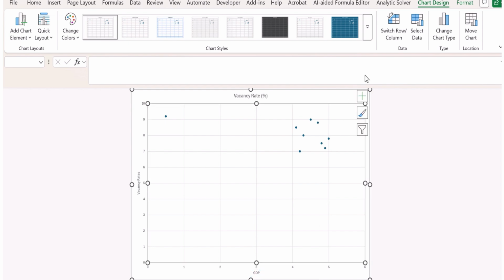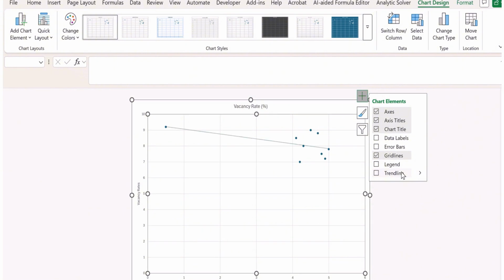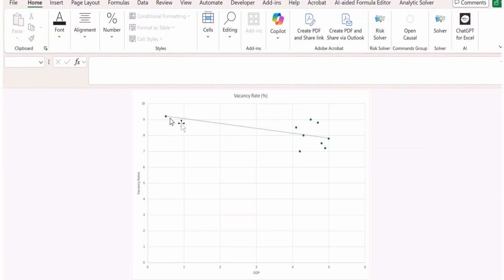And now we can add the trend line to show that the slope is negative because as the GDP increases, right, it goes from 1, 2, 3, 4, the vacancy decreases, goes down, right?